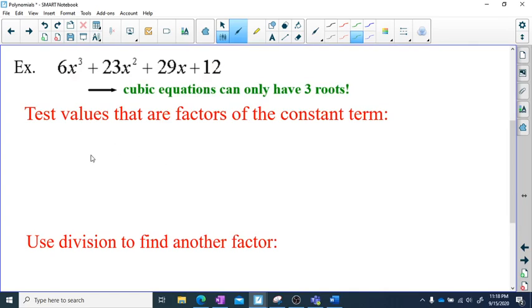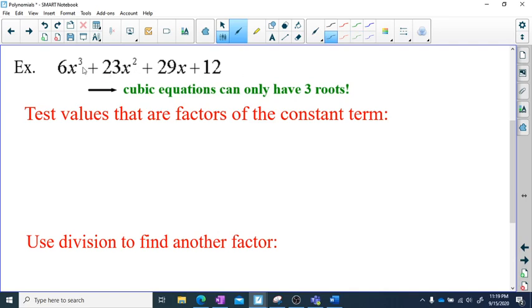Now, it starts out with you having to determine a factor. So we have to, through trial and error, find something that I fill in here, and I want the remainder to turn out to be 0. Now, it's not completely random trial and error, but it is trial and error to some extent.